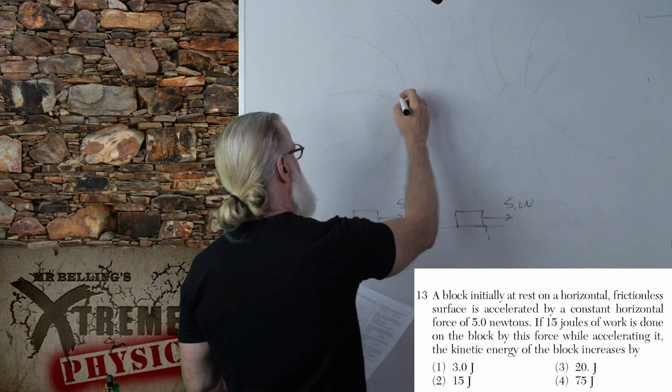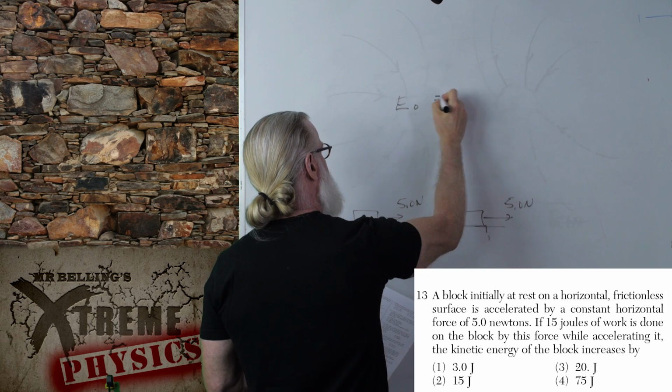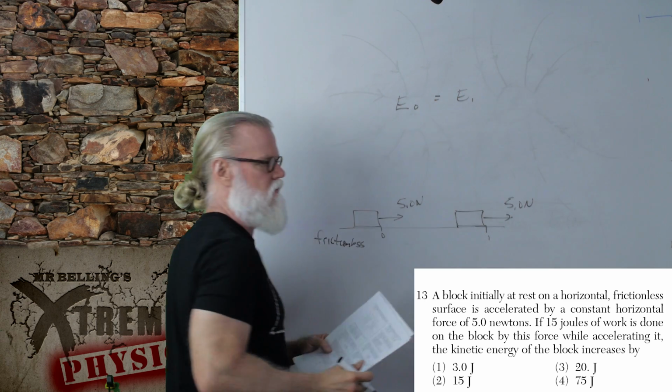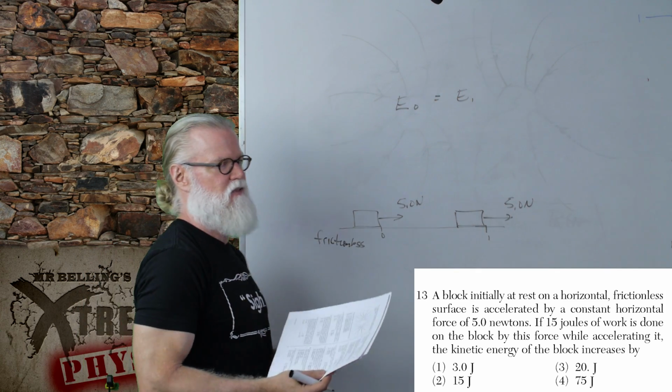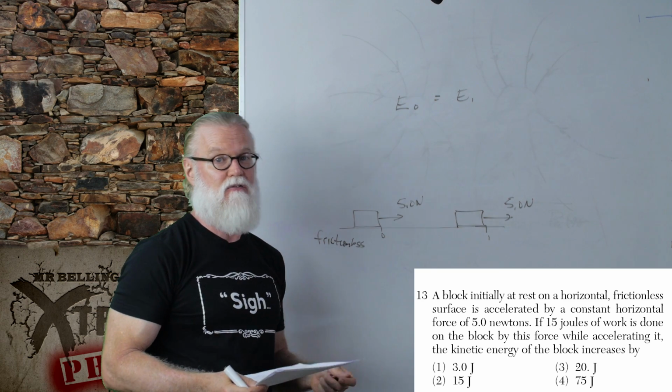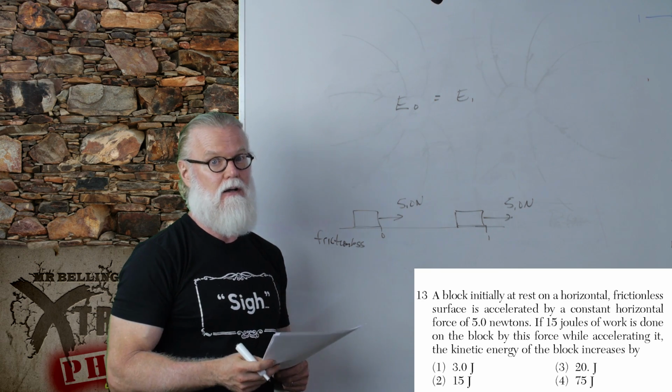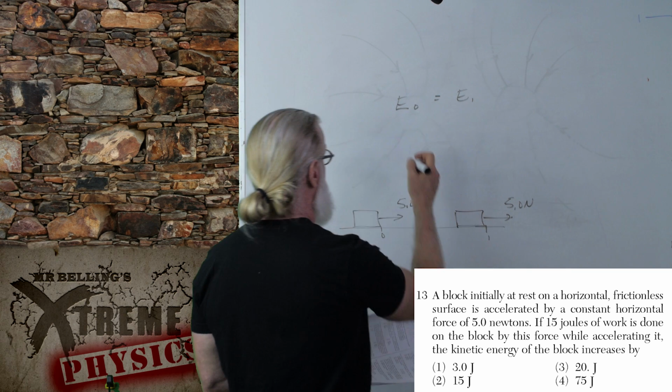We know that the energy at 0 equals the energy at 1. And the complete statement for conservation of energy, although it's not given on your reference table, I would recommend you know it, especially if you're going to be taking physics in your future.